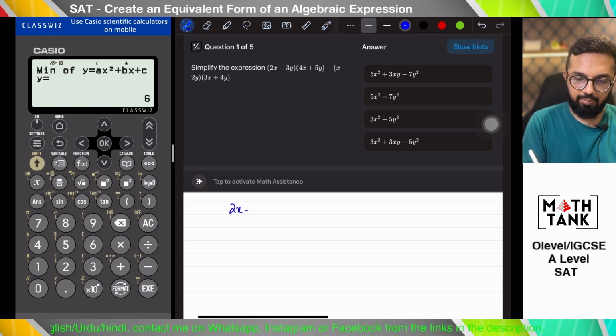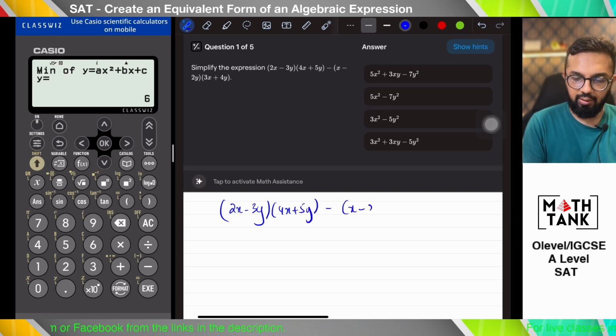I have 2x minus 3y, 4x plus 5y, x minus 2y, and 3x plus 4y.